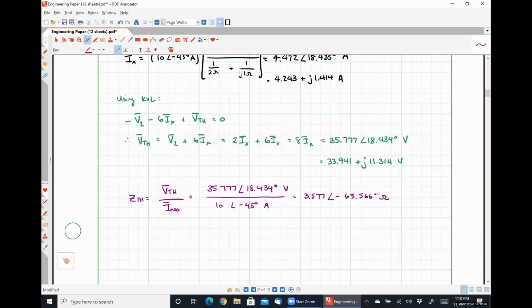Oh, let me double check my math. I might not have done that right. 18.434 minus 45. Yep, got that wildly wrong. Negative 26.566 degrees.